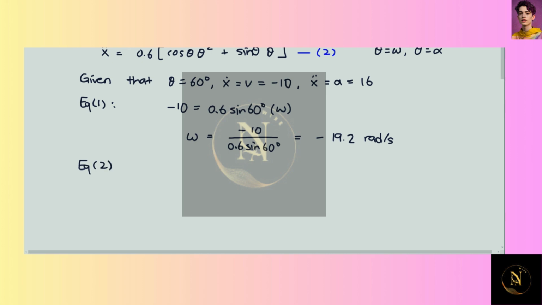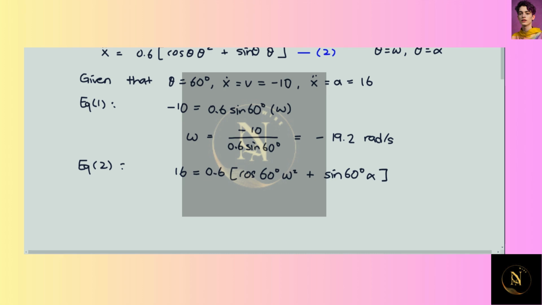From the second equation, we have 16 equals 0.6 times cosine 60 degrees omega square plus sine 60 degrees alpha.